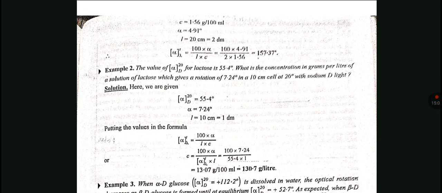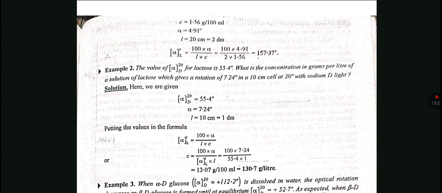The value of alpha D20 for lactose is 55.4 degree. What is the concentration in gram per liter of a solution of lactose which gives a rotation of 7.24 degree in a 10 centimeter cell at 20 degree with sodium D light? Alpha D20 is 55.4 degree, alpha is equal to 7.24 degree, L is equal to 10 centimeter, which is equal to 1 decimeter.